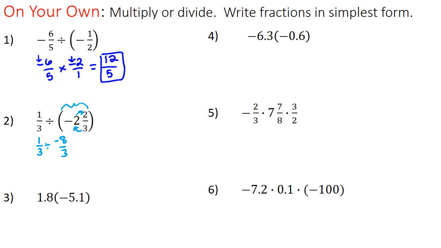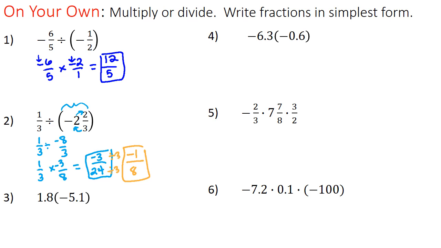So I need to, again, multiply by the reciprocal, so I have 1 over 3 times 3 over 8, and I need to make sure that stays negative. So that equals negative 3 over 24, and I know that this is my answer, but I can still reduce it because I can divide both the top and the bottom by 3, which means I'm going to end up with negative 1 over 8 as my answer.